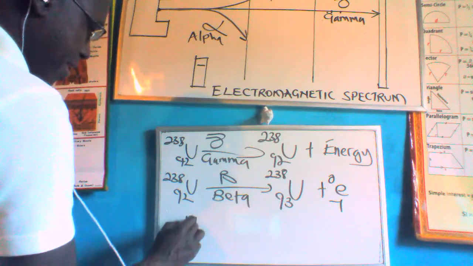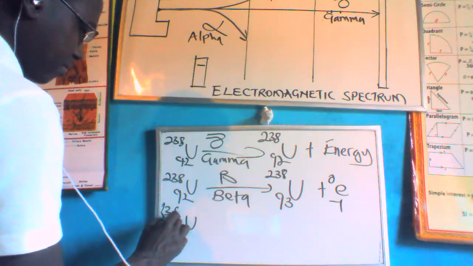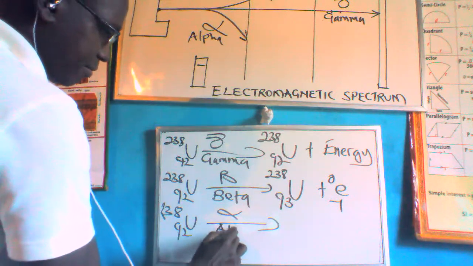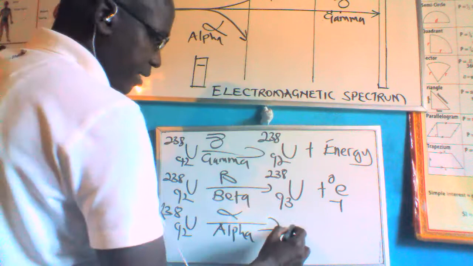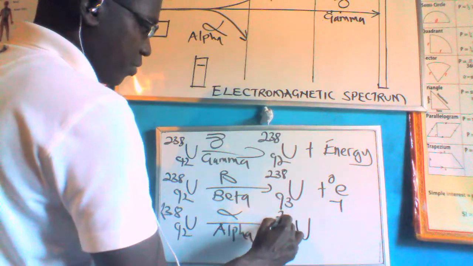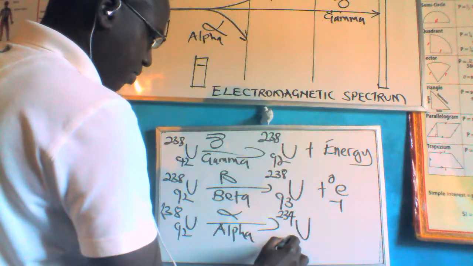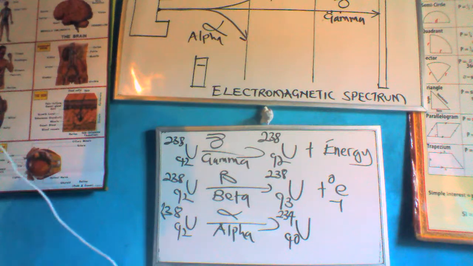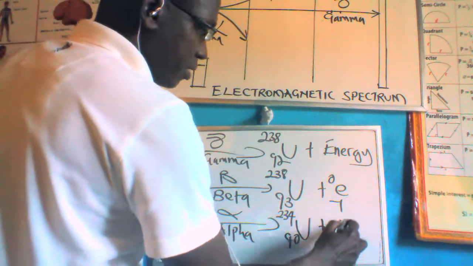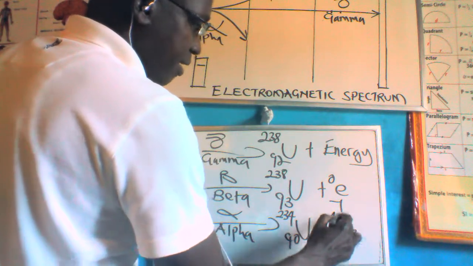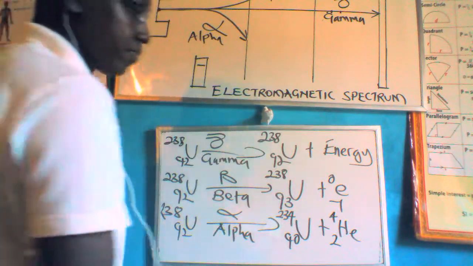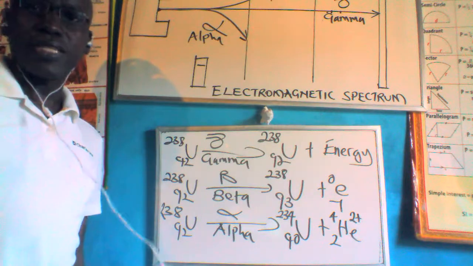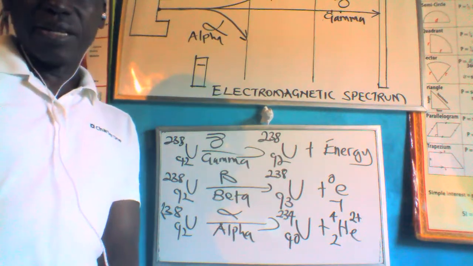The same way we have the uranium-238 subscript 92, and when the alpha particle is emitted, what happens is that we have uranium 234 subscript 90. That shows a clear reduction in the mass number by 4 and atomic number by 2 in respect to the alpha particle carrying the mass 4 and atomic number 2, as represented by the charged helium ion. That is a representation of the nuclear emissions.